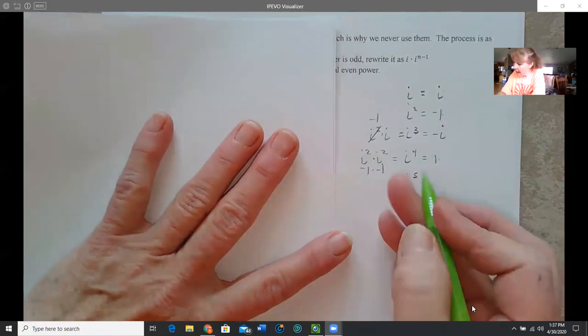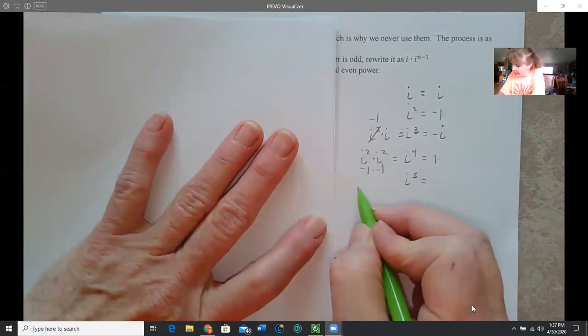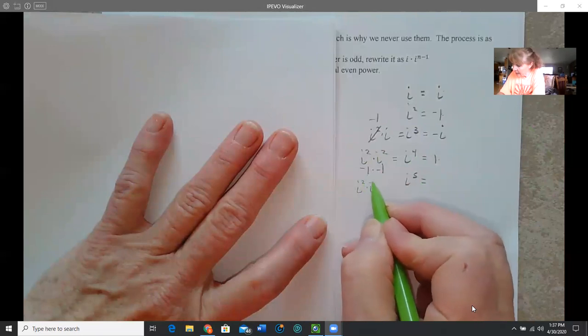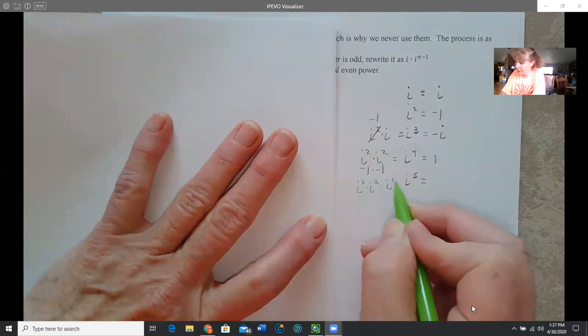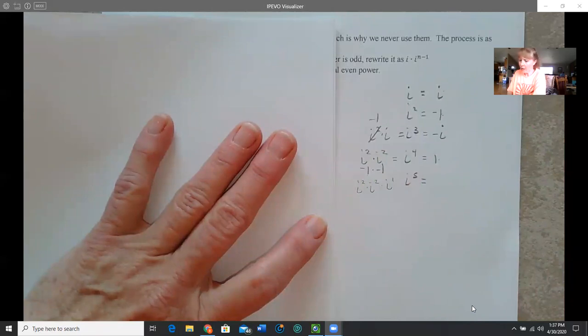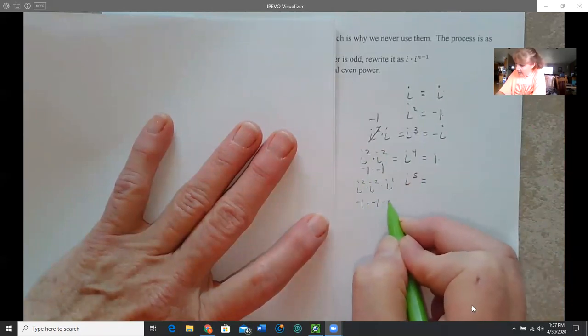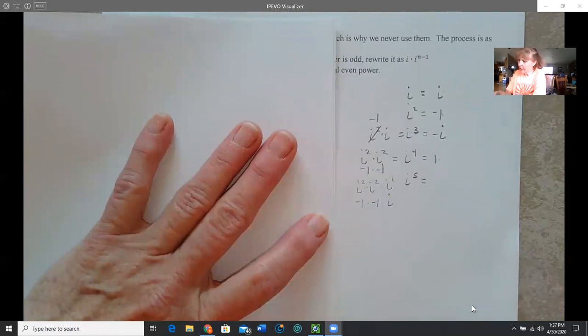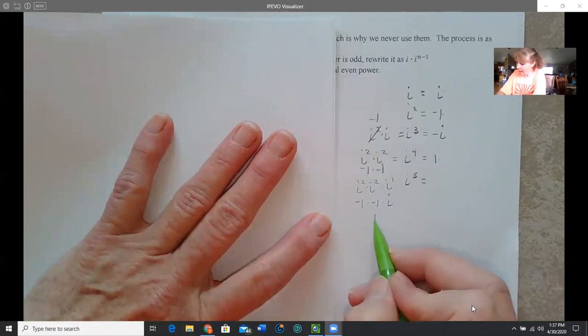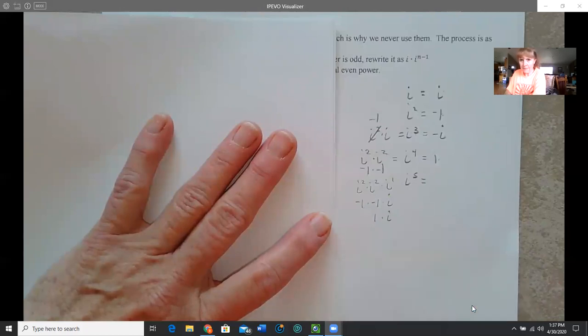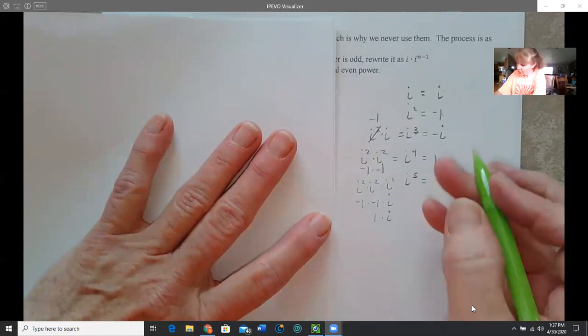I want you to see this pattern. i to the 5th is i squared times i squared times i to the 1st. Well, this is -1 times a -1 times i. So you get a +1 times i here, which is just i.